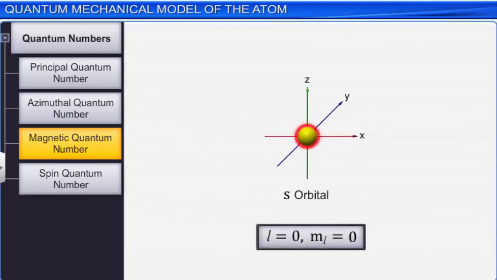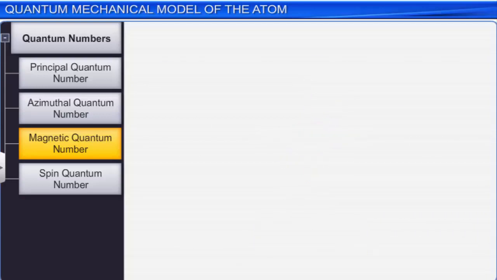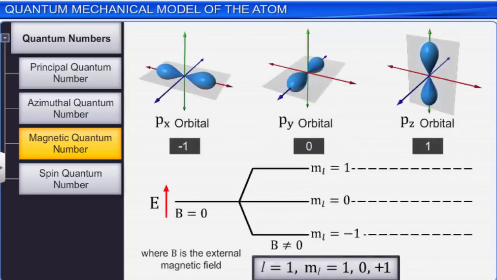Thus, the S subshell can have only one orientation in space and only one orbital. For L equal to 1, the P subshell can have a maximum of 3 orbitals with orientations along the 3 axes.